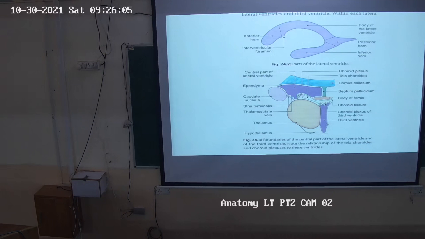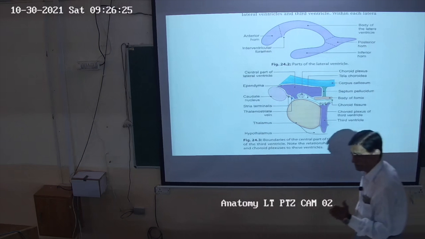So see that diagram. The septum pellucidum, that is this one, is forming its medial wall, and below the septum pellucidum you are seeing the yellow colored structure, that is the body of the fornix. What is the fornix?